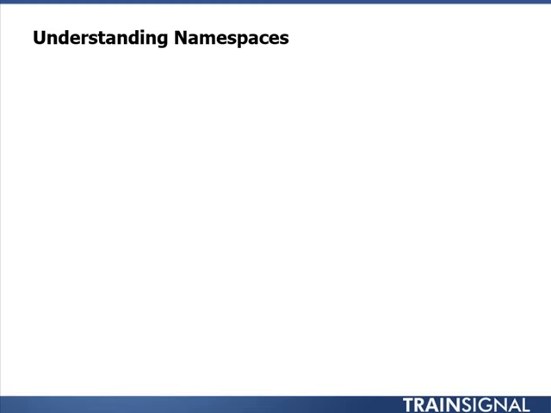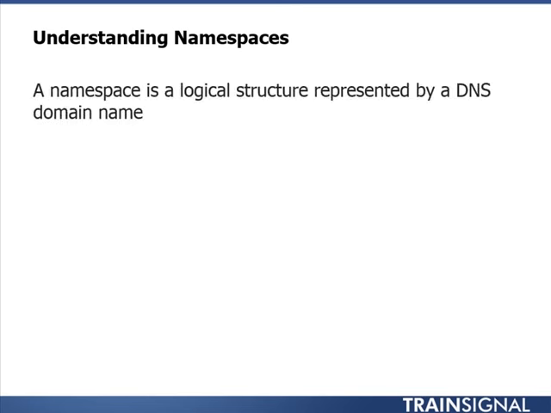They're not hard to figure out, though, once you understand what you're going for and matching the namespaces up to your idea and your design, as well as what your actual physical deployment looks like. But what is a namespace? It's a logical structure represented by a DNS domain name. That's all it is.